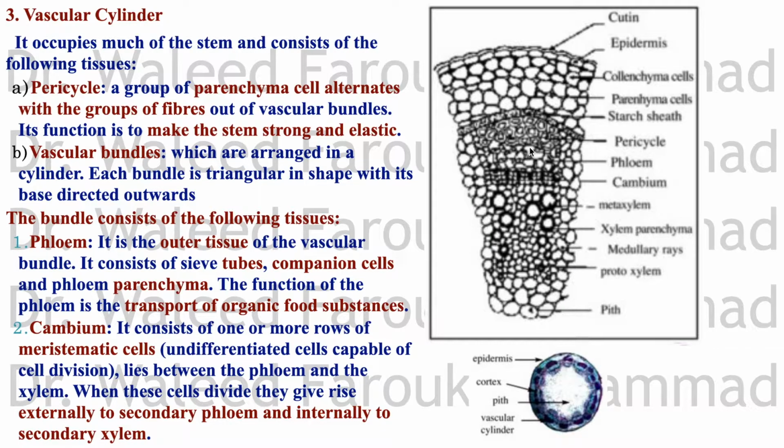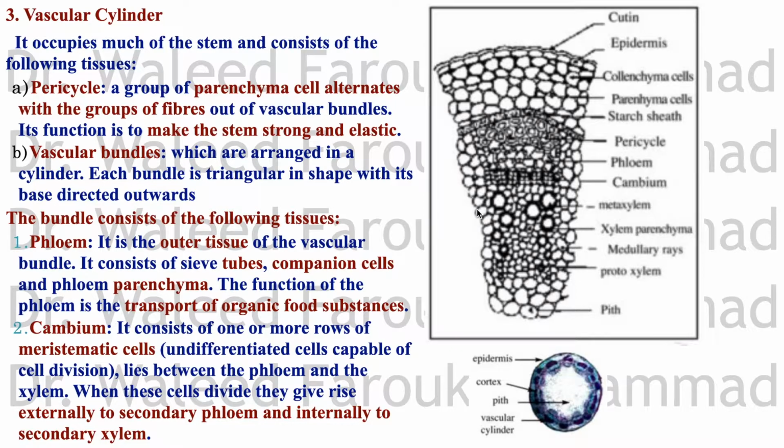Vascular bundles involve series of tubes and sieve-like structures, including the xylem and the phloem. The vascular bundles are composed first of the phloem, which is the outer tissue of the vascular bundle, and consists of sieve cells, which we will study later, companion cells, and phloem parenchyma.